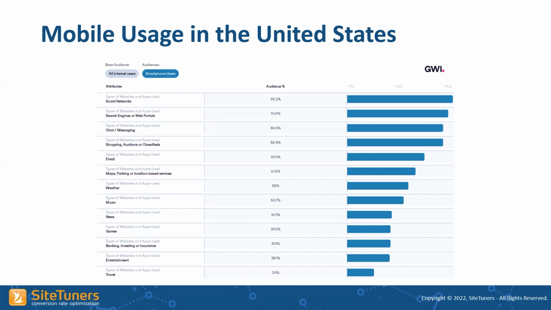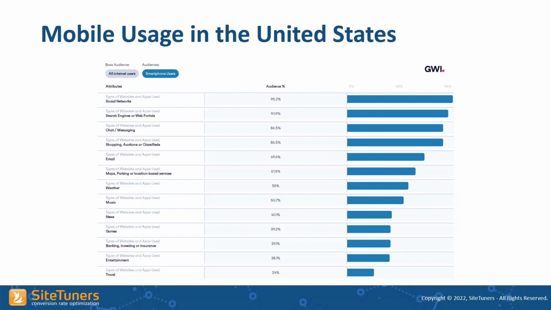And websites, okay, search engines, chat, messaging. By the way, this list went down to all sorts of things, right? There was sports on the list, all sorts of things on here. But what's interesting about this is when you look at the list of how people are using their mobile devices, and it says websites and apps used, right? A lot of these things turn out to be mostly app-based.